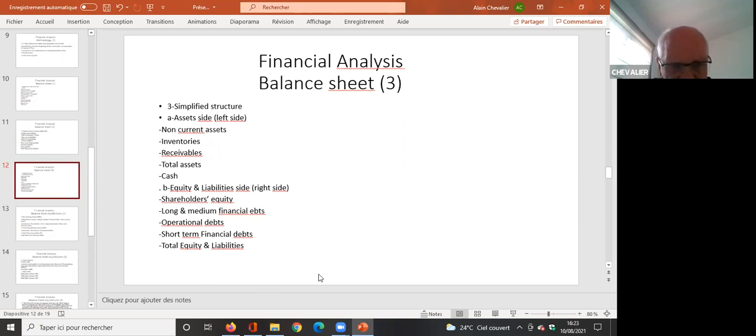If I have a look at category B here, 3B on slide number 12, you understand that we will make a segmentation between shareholders' equity, and long and medium term financial debts. So the problem is to define short and medium and long.